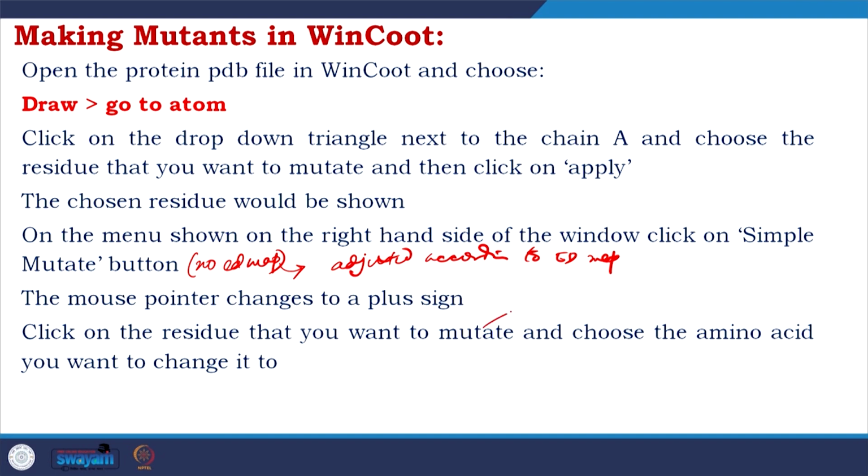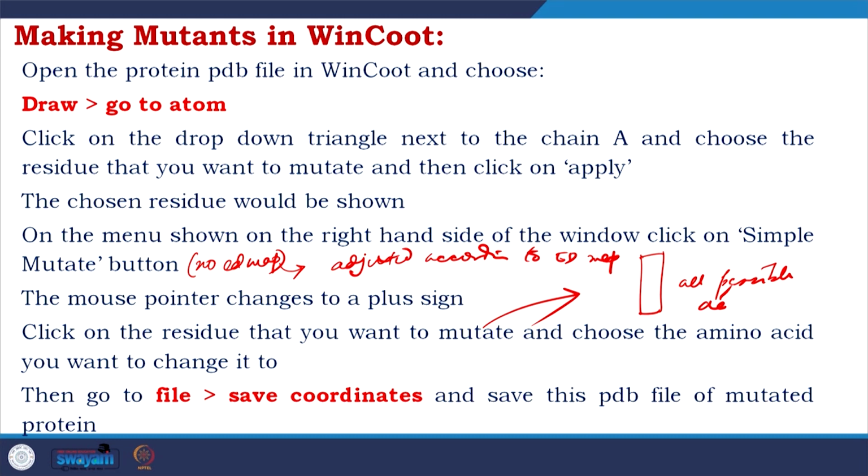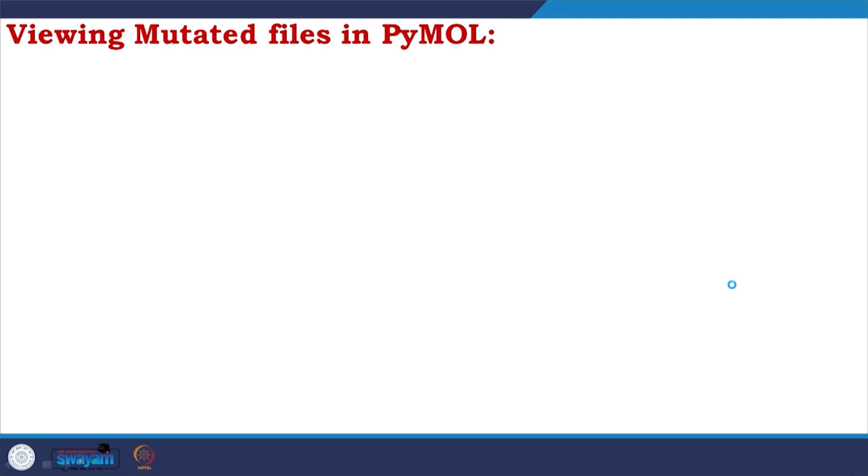When you do that, if you remember, you will get a list of all possible amino acids. Now, you choose the amino acid you want to change it to, then go to file, save coordinates and save this PDB file of the mutated protein. So, you have done mutation to your protein.